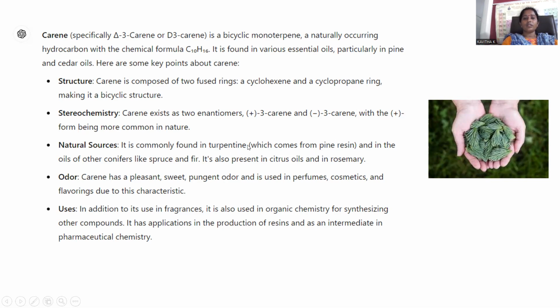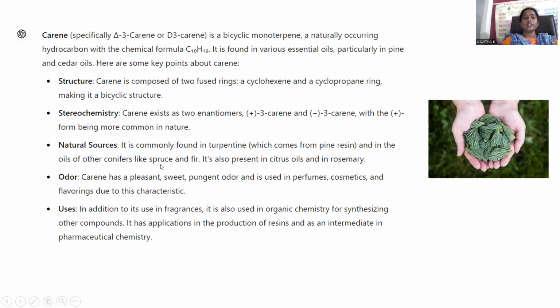So turpentine oil, pine tree oil, most of these are extracted from coniferous plants only, pine trees. The turpentine carene is extracted from this turpentine material, and the oils of other conifers like spruce and fir. Fir trees are located in mountainous regions.